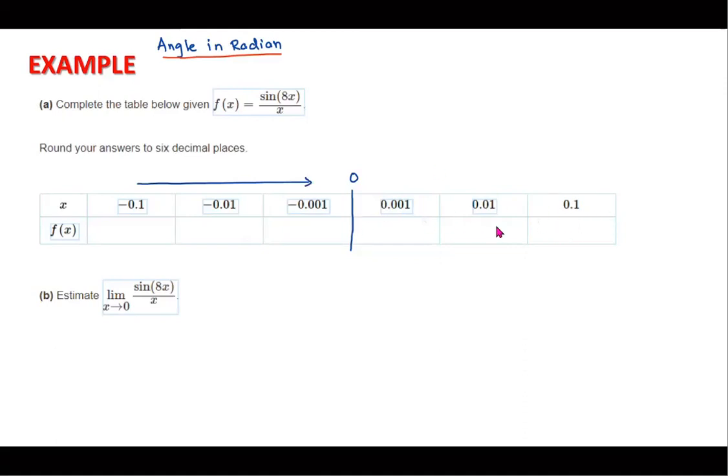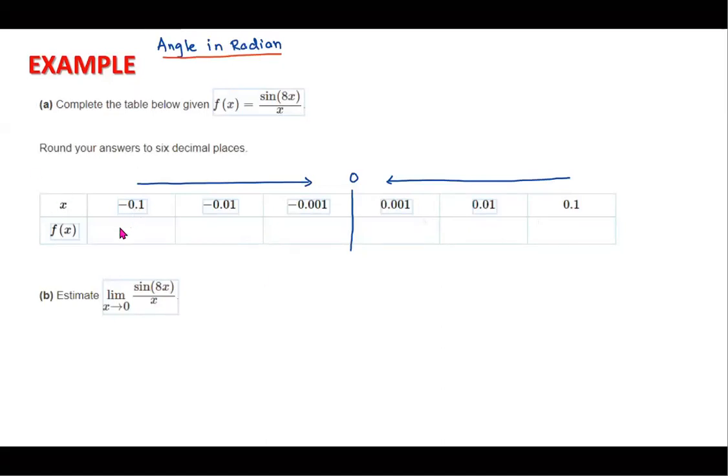Similarly, if we look at these numbers, 0.1, 0.01, 0.001, we can also see that these numbers are getting closer and closer to 0 from the right. From this side, the values are increasing and approaching 0, and from this side, the values are decreasing and approaching 0. And we have to complete the table. The process is the same as before.